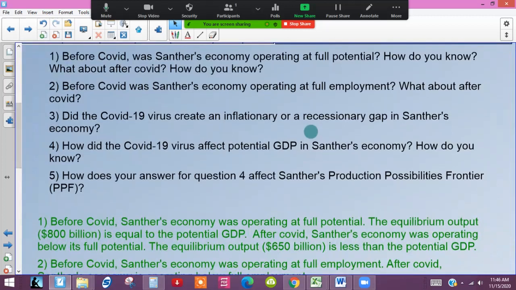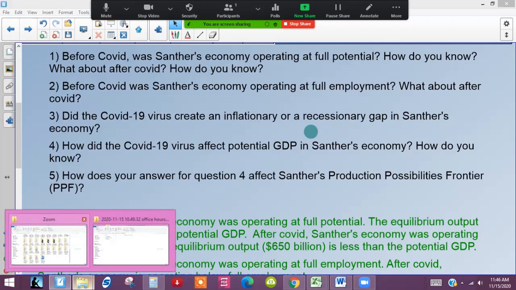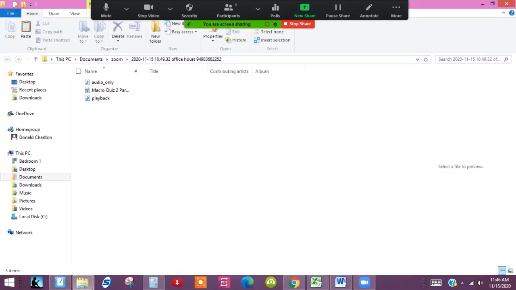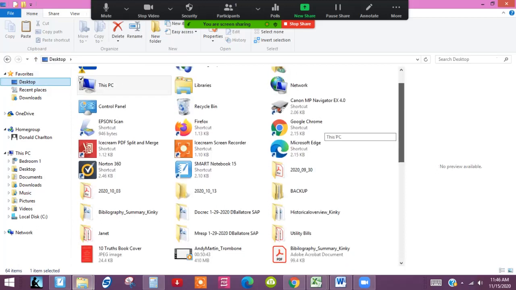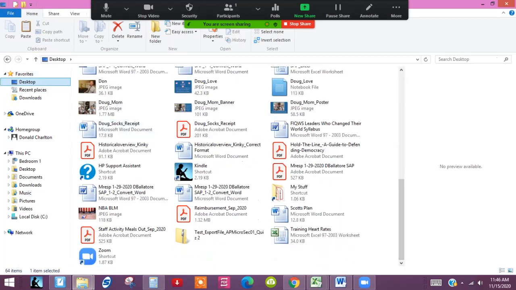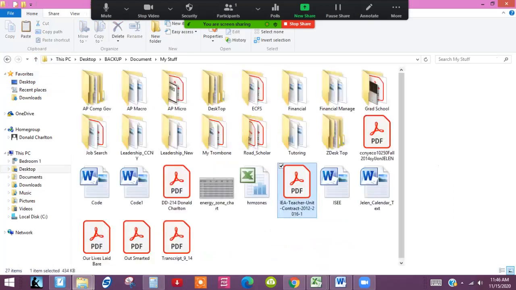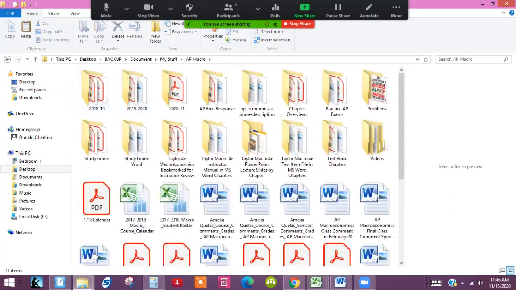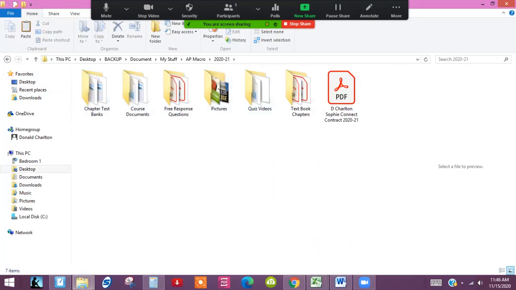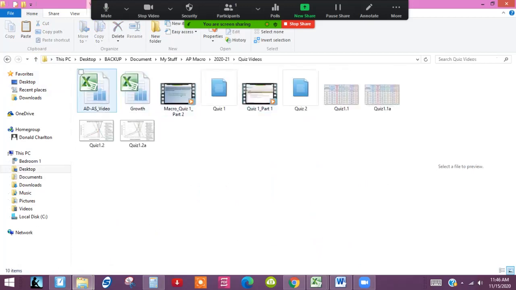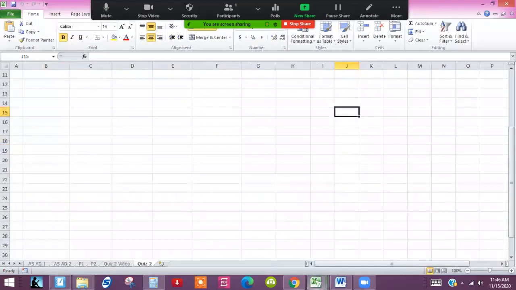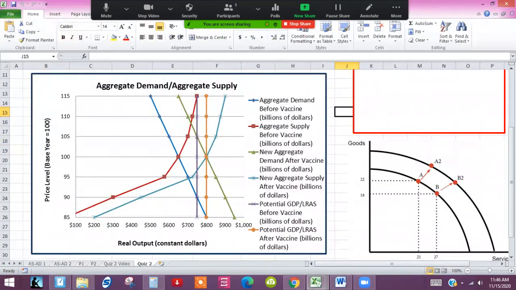And 5, how does your answer for question 4 affect Santhar's production possibilities frontier, or PPF? And I've actually got the diagram of that. Let me come back here. I didn't have it up, so just give me one second to show you. Right here, okay.